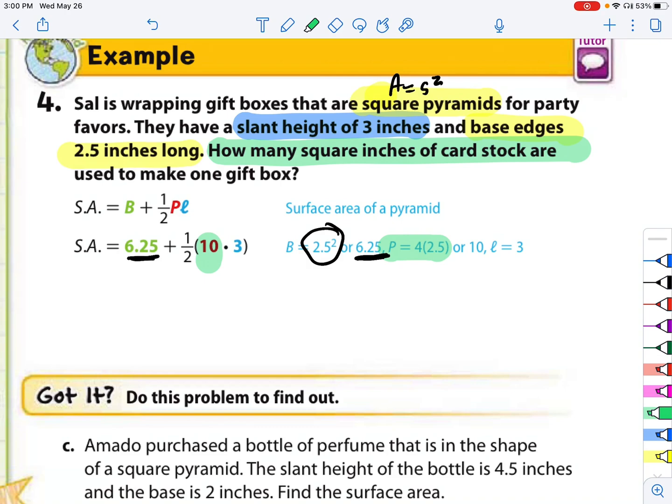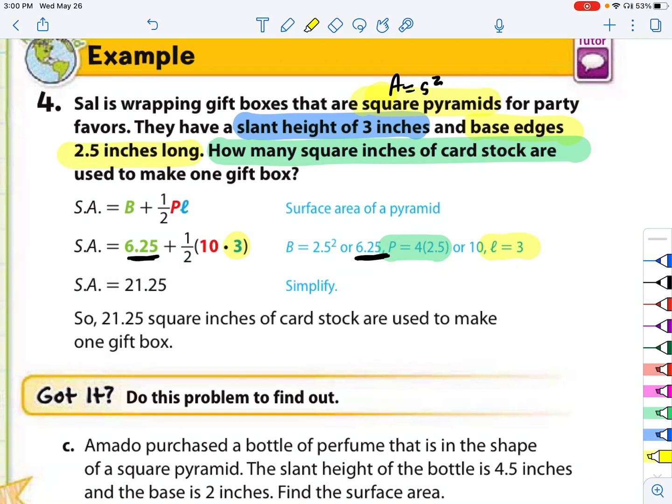And it's given that the slant height is 3 inches, so we substitute L with 3. Simplifying that whole expression, we now have 21.25. So the surface area is 21.25 square inches. We need that much cardstock to make one gift box.